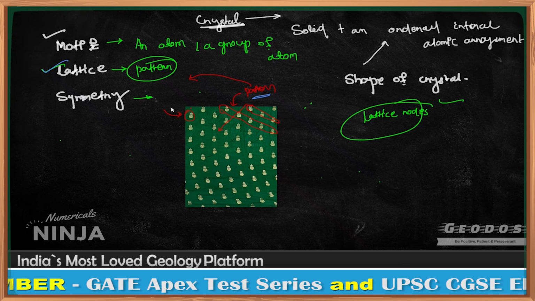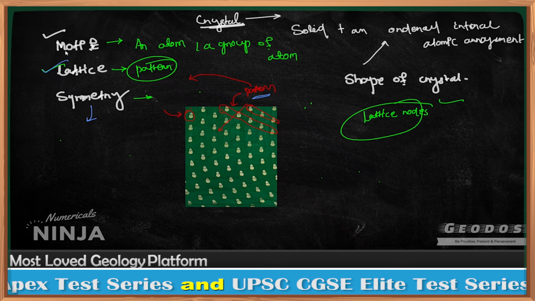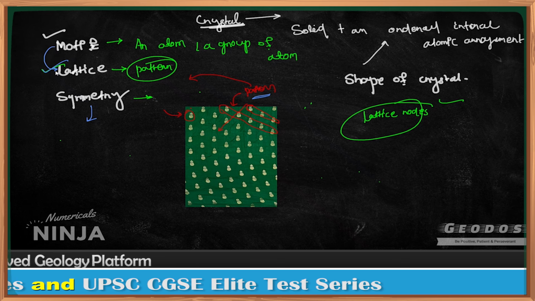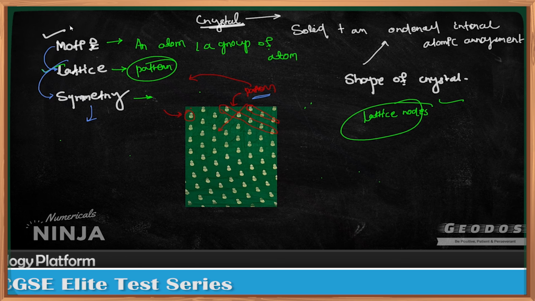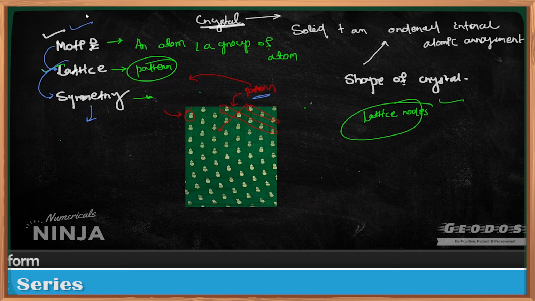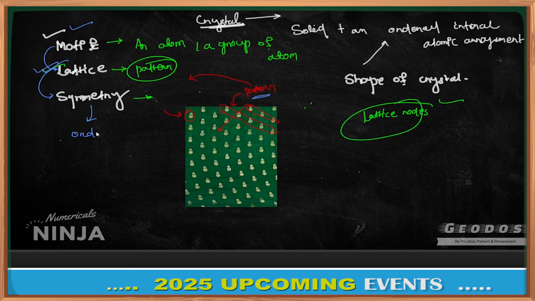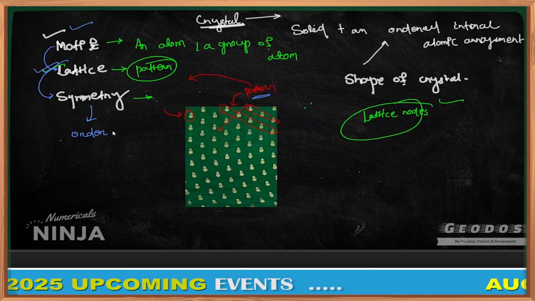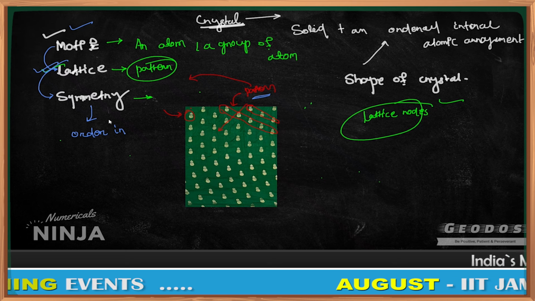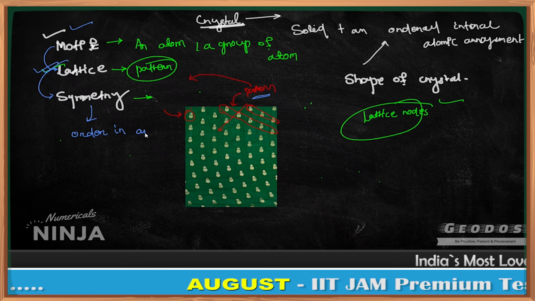And what is symmetry? Anybody? Symmetry is basically the order. I am just trying to go from the simpler to the complex method. First thing is the motif, an atom or a group of atoms. They create a repetition pattern called the lattice, and those lattices are combined in an order, or you can say order in arrangement.